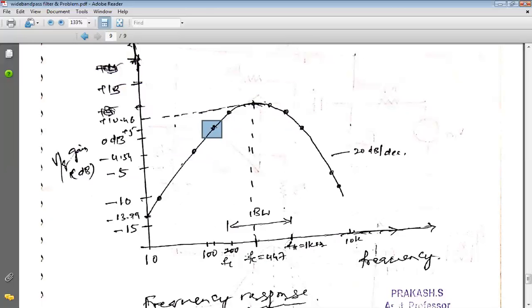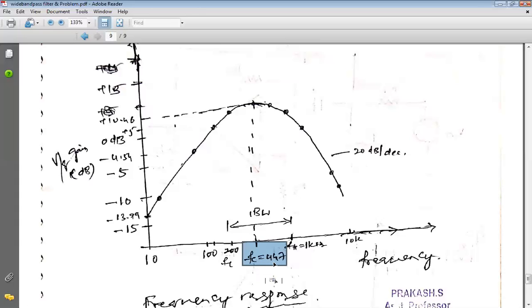And this FC is why we take these values, because after drawing the frequency response on graph sheet, we find the FC value, the critical frequency, at which the gain is maximum. The gain is maximum at 10.46, and the gain magnitude is highest. What is the frequency?